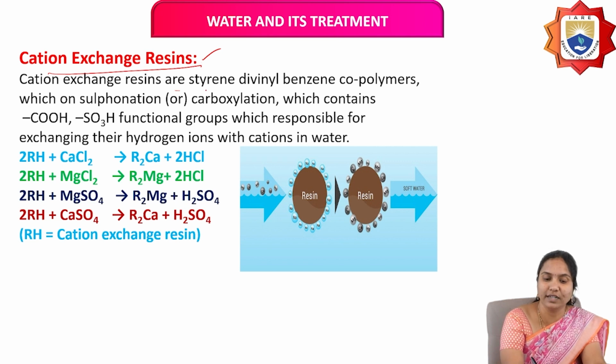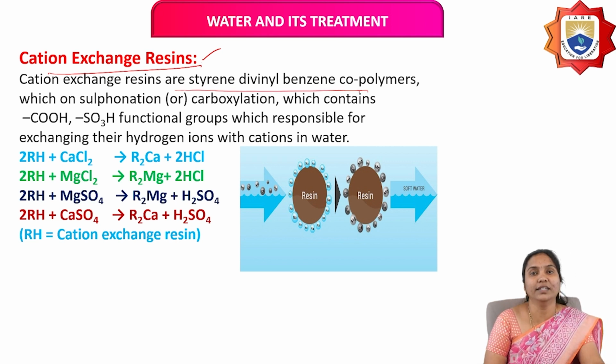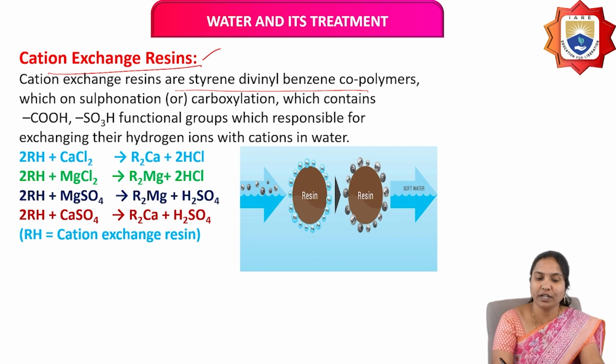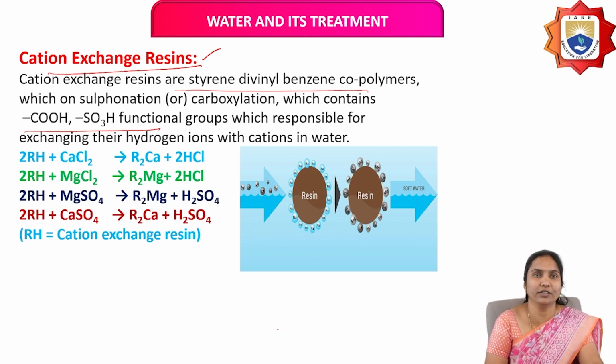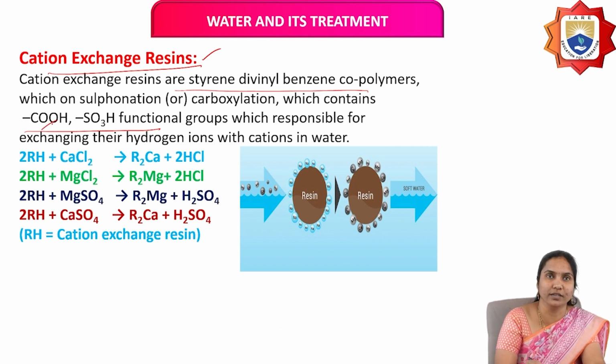Cation exchange resins are generally styrene divinyl benzene copolymers, which contain acidic functional groups like COOH, carboxylic acid, and SO3H, sulfonic acid.